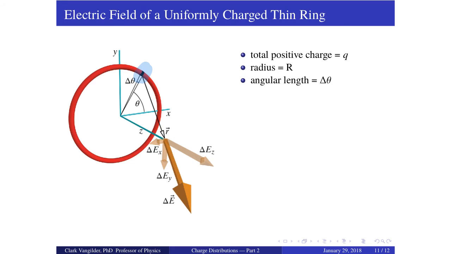This total chunk of electric field, meaning due to this chunk. So if you can still see this in 3D, this is the resultant vector, and it has an x part, a y part, and an out of the page z part.